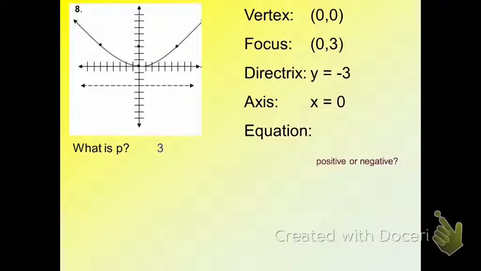Does that p-value need to be positive or negative 3? Why positive 3? Because it's opening up. If the whole thing was flipped, the only thing that would be different is that p-value would be negative. So if my p-value is 3, then 4 times 3 is 12. So that's what you'll put in your equation.